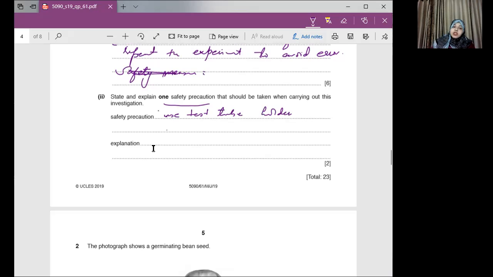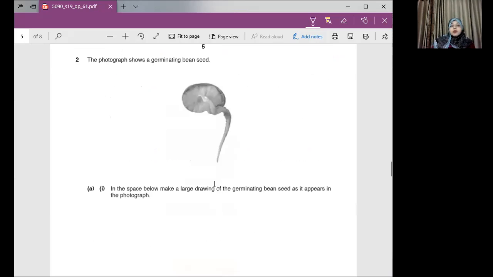And the explanation is that enzyme or bile salt may cause damage, right?